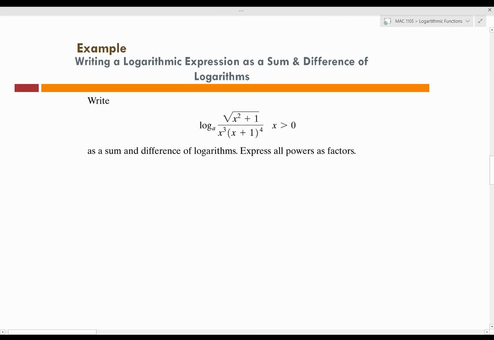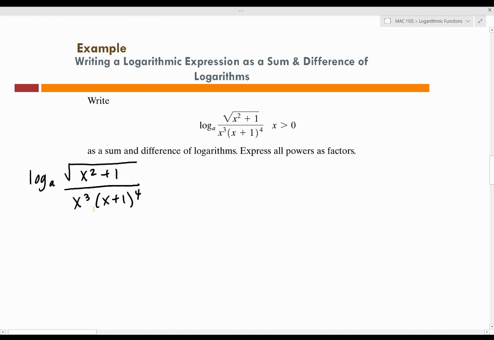All right, let's look at another problem. This one says, write log base a of the square root of x squared plus 1, over x cubed times (x plus 1) to the 4th power, as a sum and difference of logs, and express all powers as factors. Just like before, the first thing I'm going to do is write out my problem. Then I'm going to look at the argument and identify the major operations.